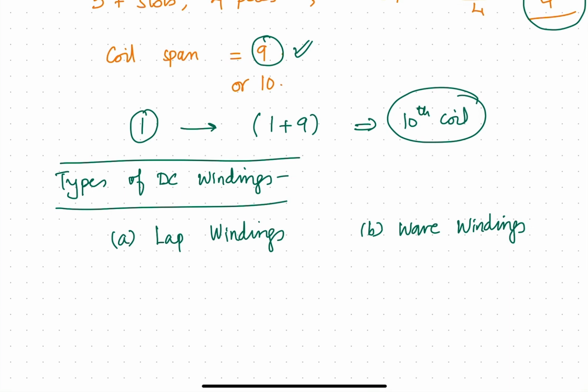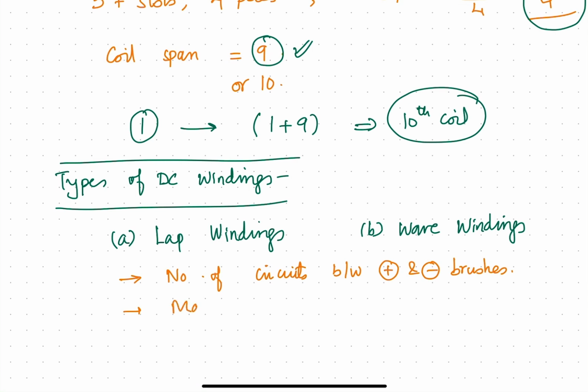The difference between the two windings lies in the following parameters. The first difference is in the number of circuits between the positive and negative brushes.